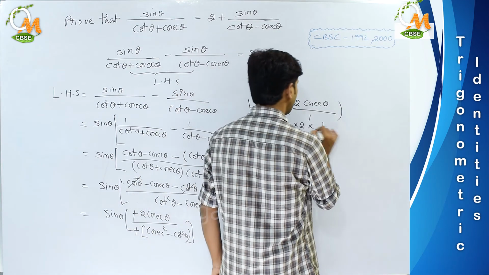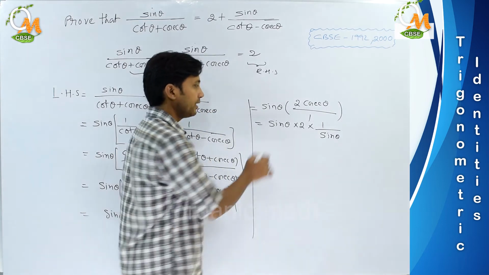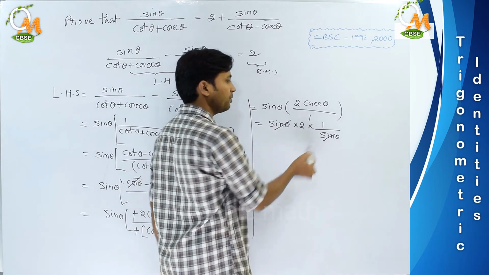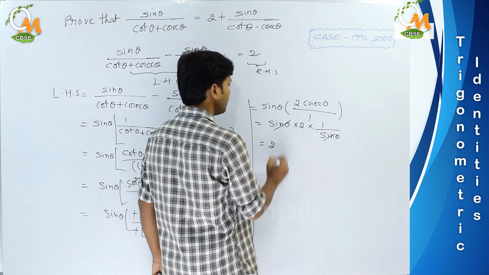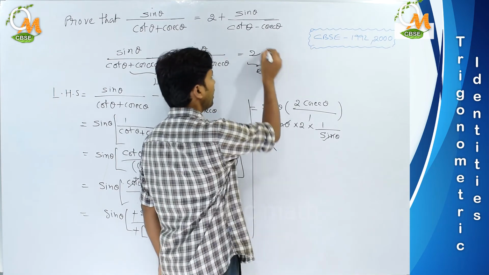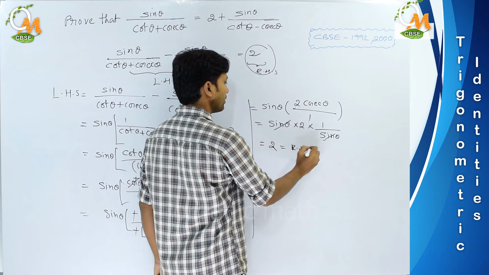As sine theta is there in the numerator and denominator, we can cancel. So what is left over is 2. I think we obtained our required RHS part.